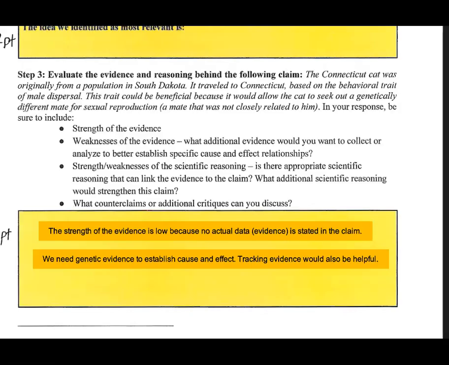So the next bullet, is there appropriate scientific reasoning that can link the evidence to the claim?